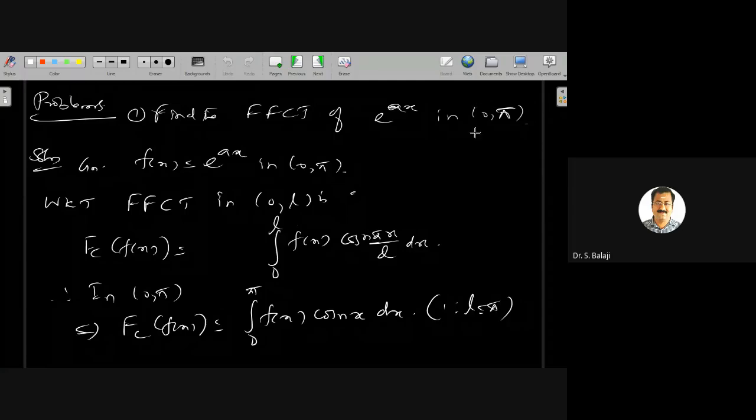But they are asking in the interval 0 comma pi, so you replace L equal to pi. Then fc of f of x is equal to the integral from 0 to pi of f of x cos nx dx, since L equal to pi.